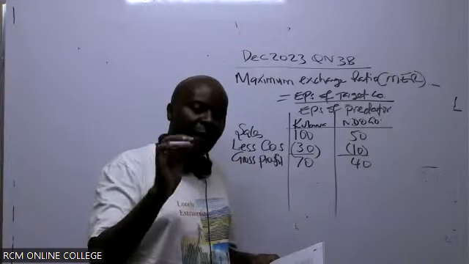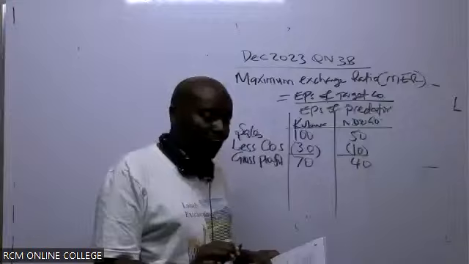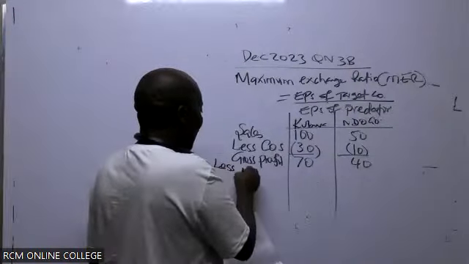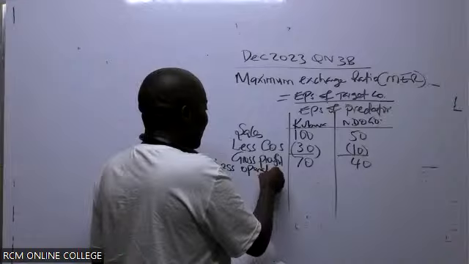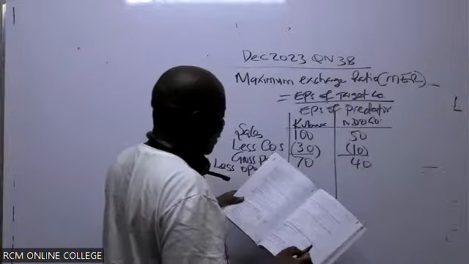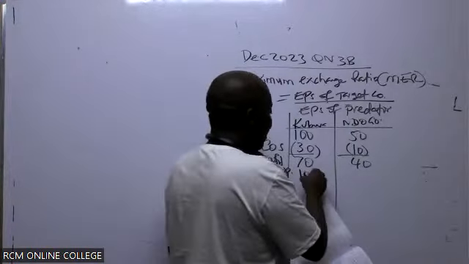Then I subtract the operating expenses, administration and distribution. We were lucky because the examiner combined them all and called them operating expenses. Operating expenses are 10 and 5.